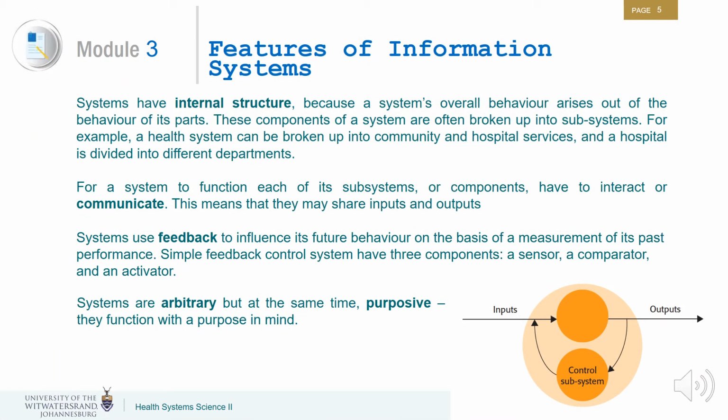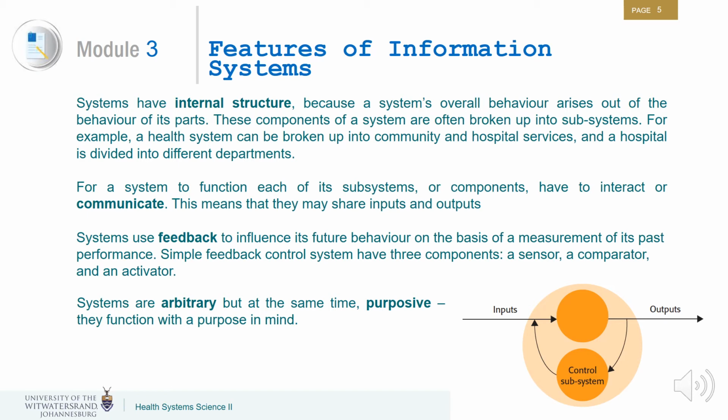Some further features of information systems is that systems have an internal structure, because a system's overall behavior arises out of the behavior of its parts. So these component parts of a system are often broken up into subsystems. For example, if we think about our health system, it can be broken up into different levels of care. You might have a community health system within the community versus services available at a hospital.